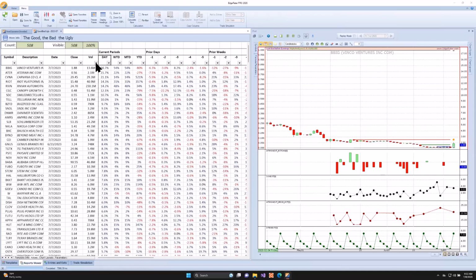So if you are in any template, a lot of templates will have a row at the top, what we call the header row, which is just a description of the data in the columns.